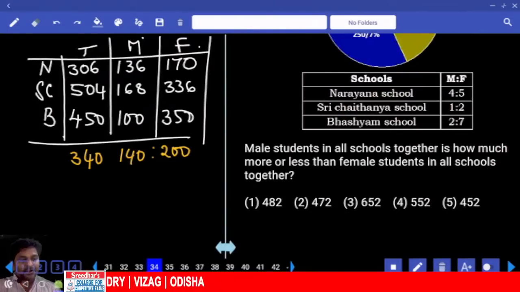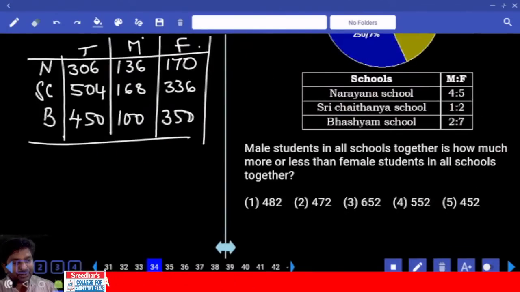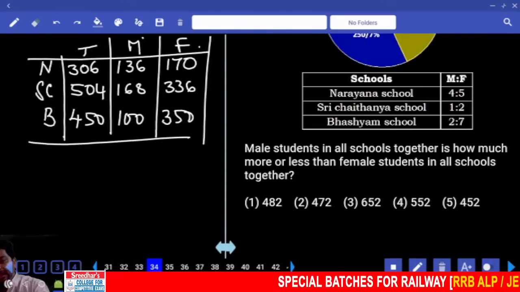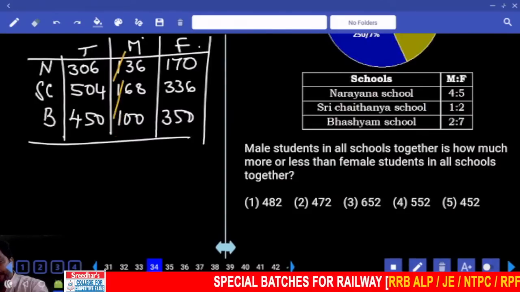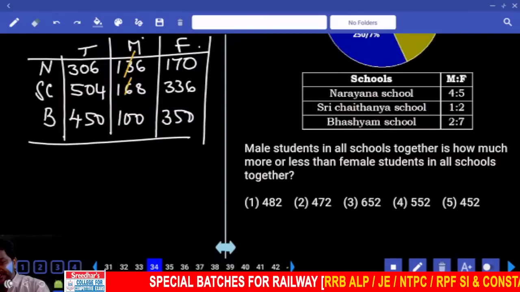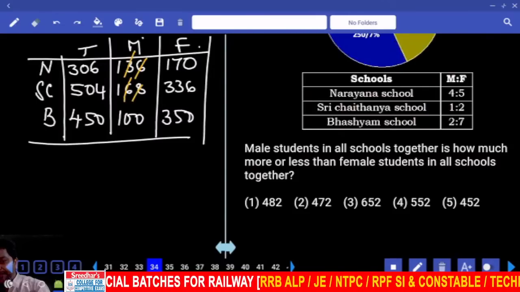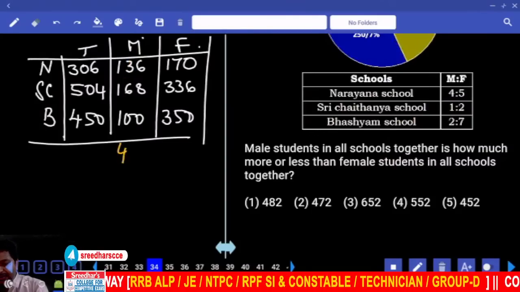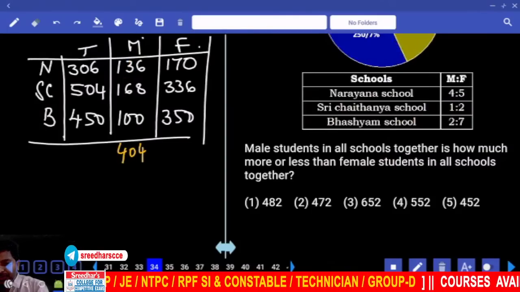Male students of all schools together is how much percentage more or less than female from all the schools together? 100 100 100. Now 30 60. 90 plus 14, 104. Total it is equal to 404 only.